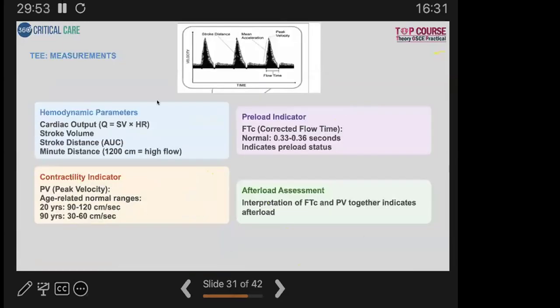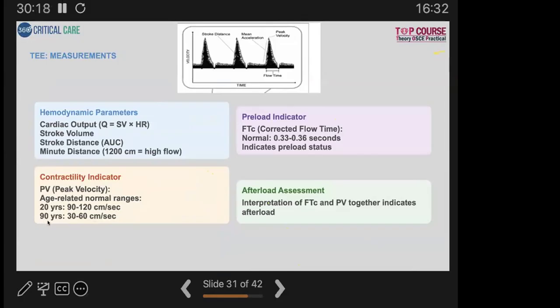So what are the measurements we are going to get out of transesophageal echo? The main thing is cardiac output, stroke volume times heart rate, where the stroke volume is nothing but stroke distance. And we also get minute distance. And the contractility indicator will be the peak velocity, where there could be age-related normal ranges. Like if the patient is 20 years of age, then the value is between 90 to 120 centimeter per second.